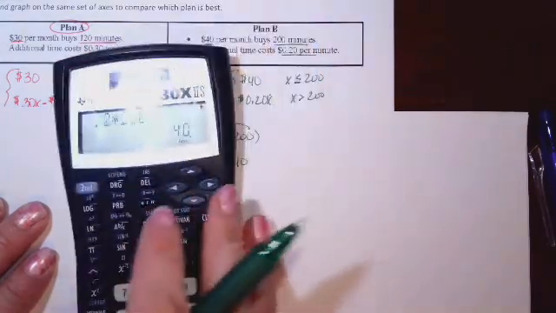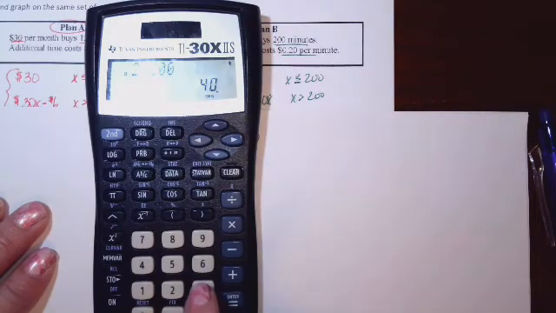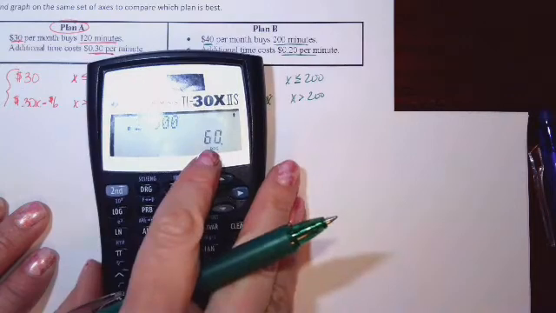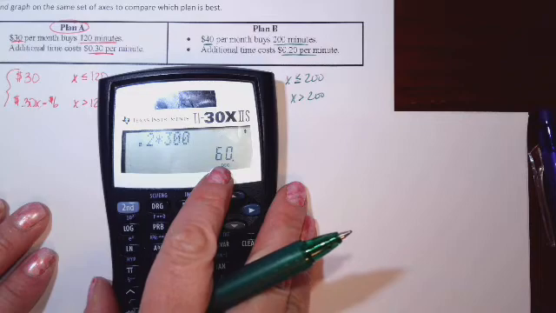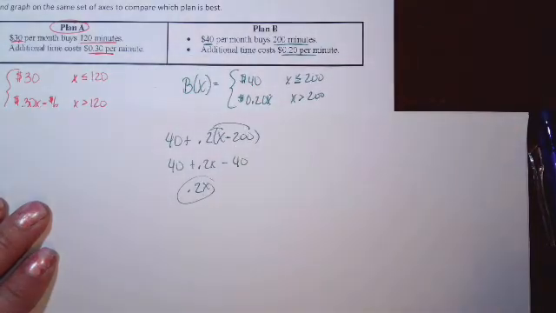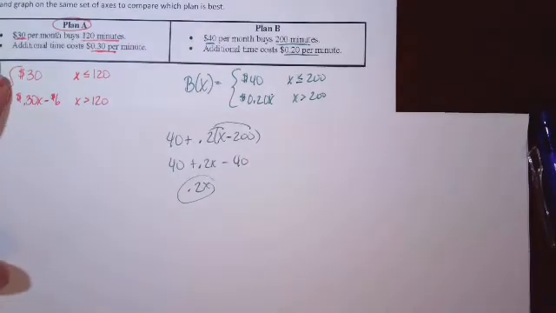If we talk for 300 minutes, then that is going to be 0.2 times 300. Our plan is going to cost us $60. So that $40 is factored in, and then we're going to pay $20 more for that extra 100 minutes that we're talking. Okay, so we said if I talk 300 minutes, it's going to be $60.